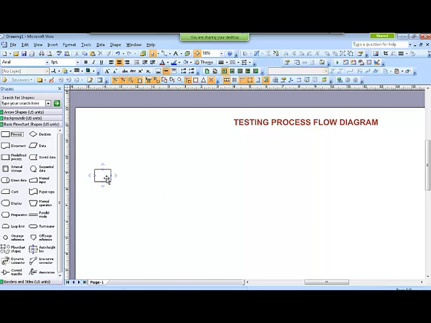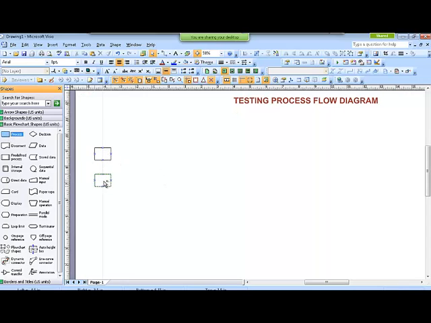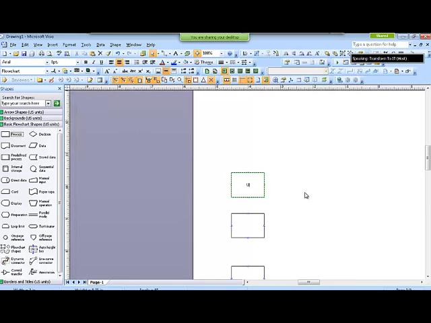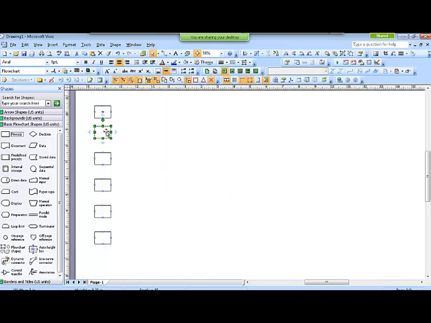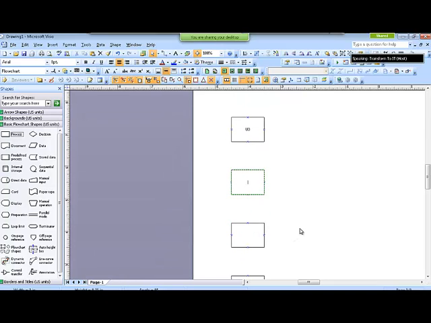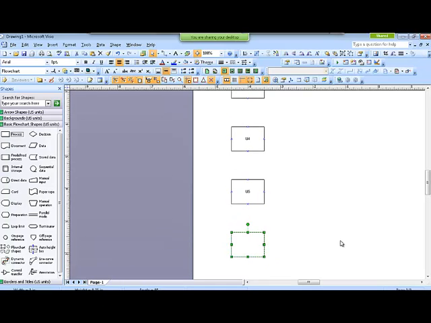I'm assuming that I have different units or modules. I'm just trying to name them: U1, unit 1, U2, U3, U4, UN.